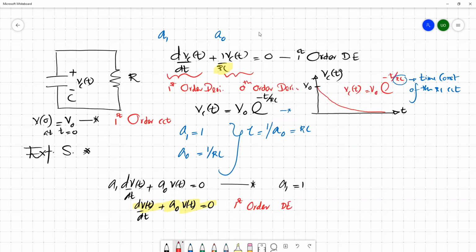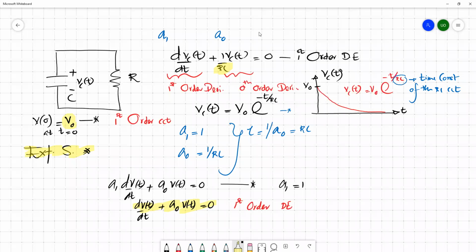Okay. So here what happens is we don't have any external sources in the circuit. So the power required to run the circuit comes from the initial condition.